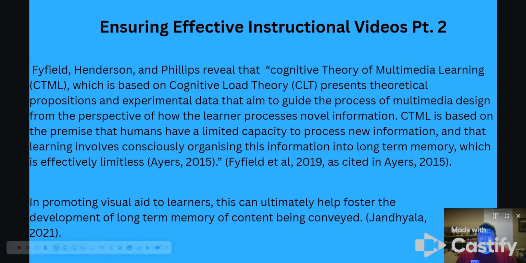CTML is based on the premise that humans have a limited capacity to process new information, and that learning involves consciously organizing this information into long-term memory, which is effectively limitless. In promoting visual aid to learners, this can ultimately help foster the development of long-term memory of content being conveyed.